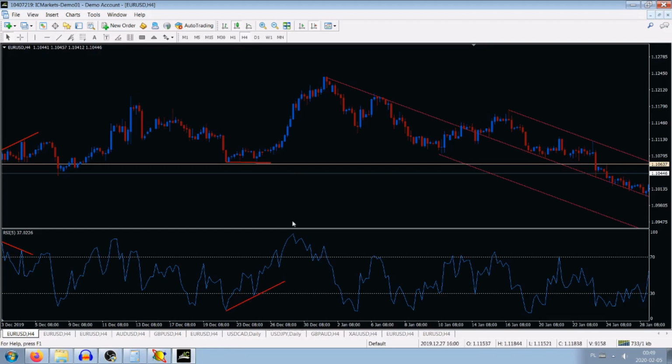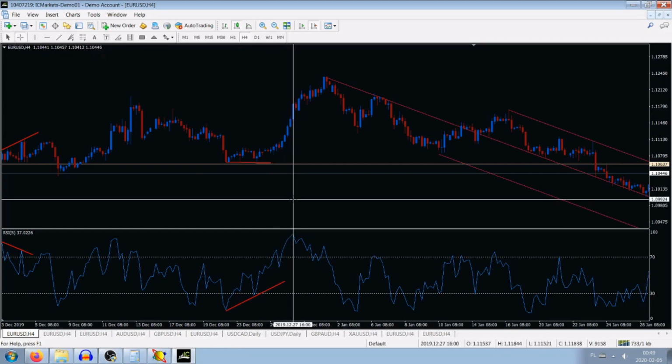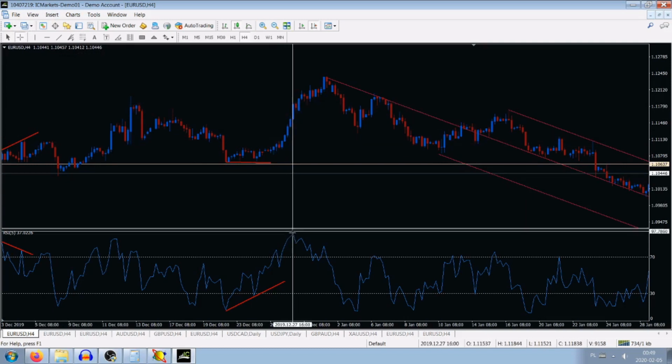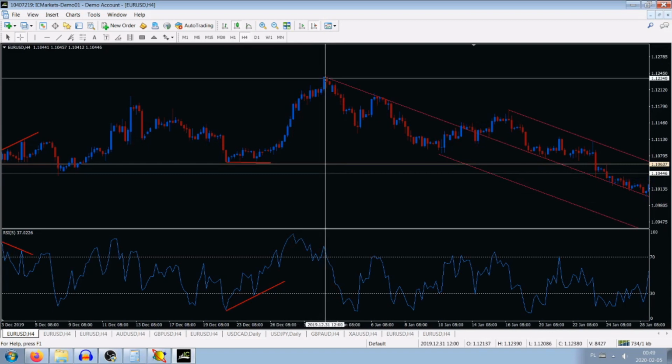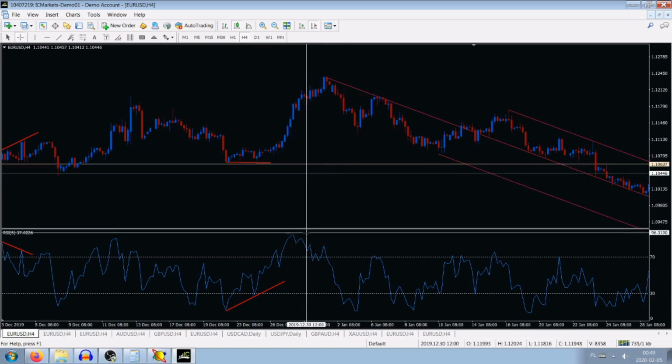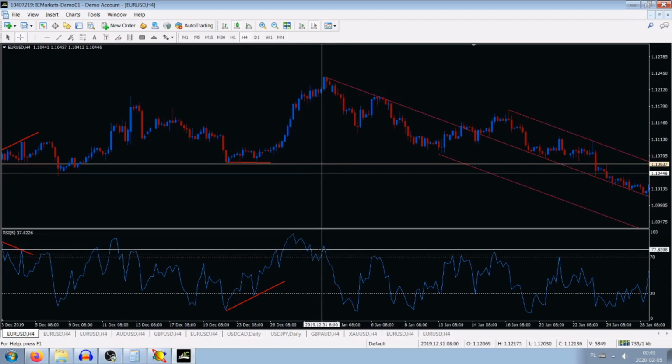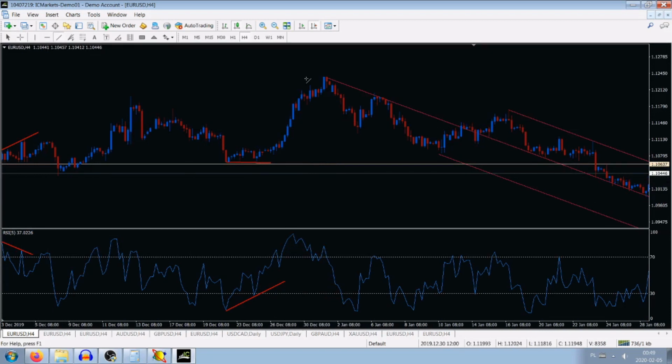Here the price is much higher, the indicator made a lower high. So again, the price is rising and the indicator is falling, which means that the price might fall.